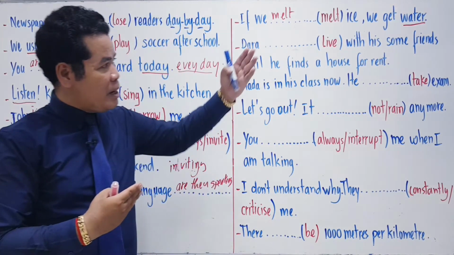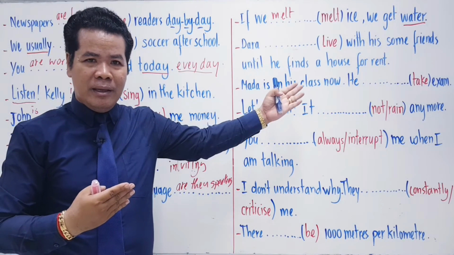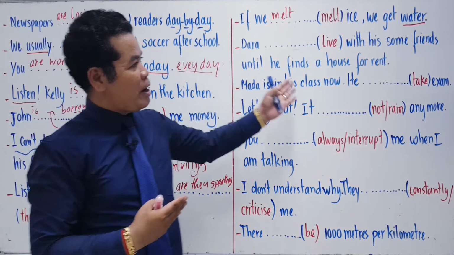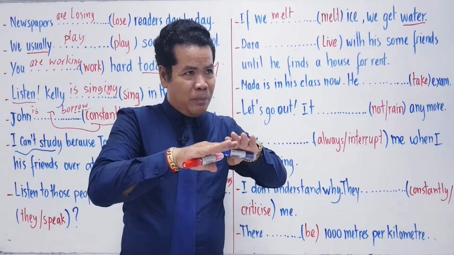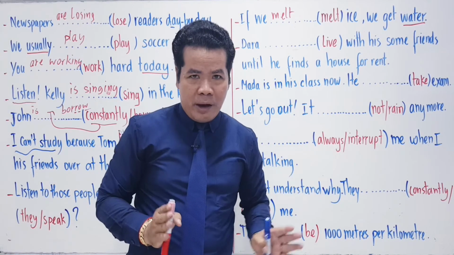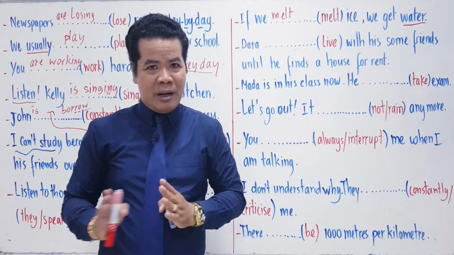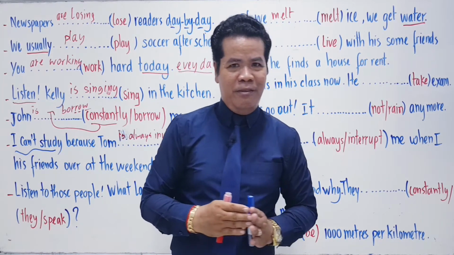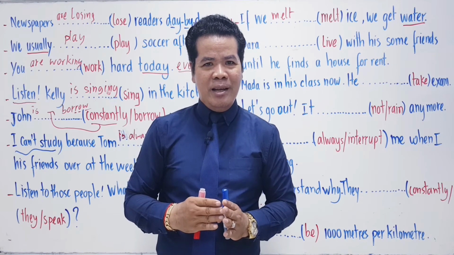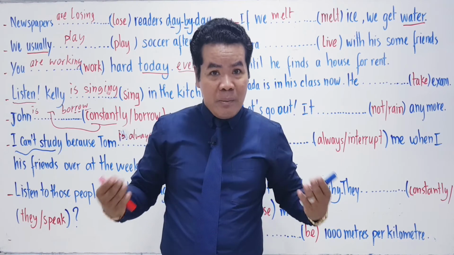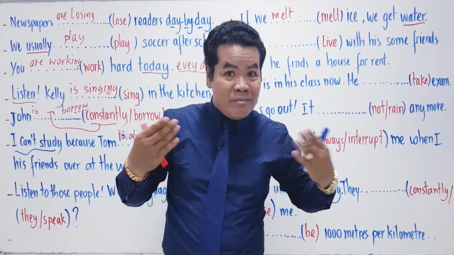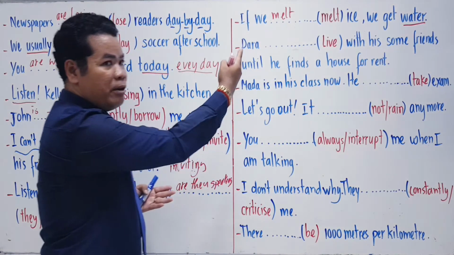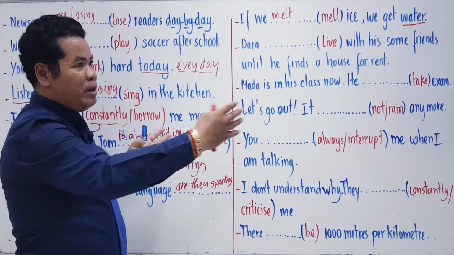Is it permanent or temporary? Think about it. It is not permanent. You understand that? I cannot live with my friend for the rest of my life. No way. So it is permanent or temporary? It must be temporary. They live with the friend only for a very short time.